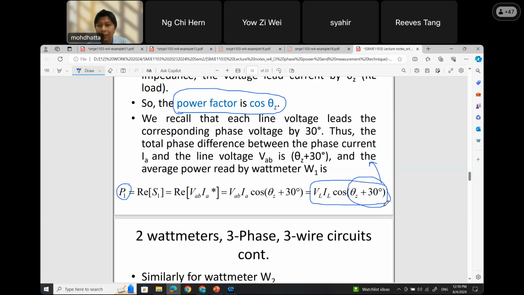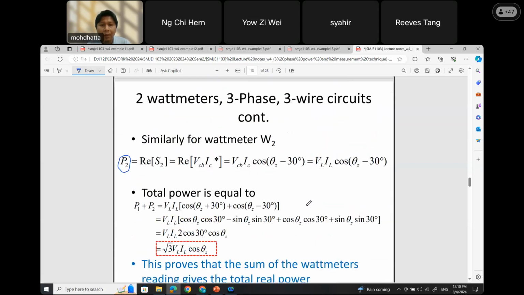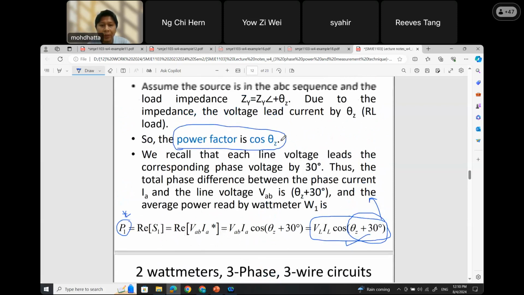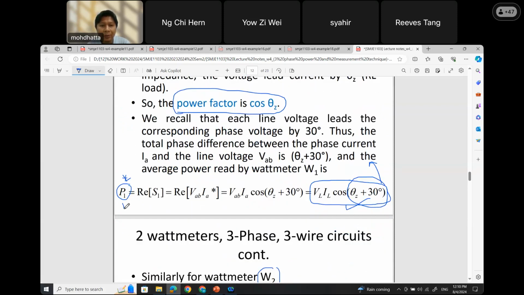As a student, it is better that you understand that P1 can be calculated using this equation. On the other hand, for wattmeter 2, sometimes it's P2, sometimes it's W2. Same also over here, sometimes it's P1, sometimes it's W1, watt 1. Here it's mentioned. All right.